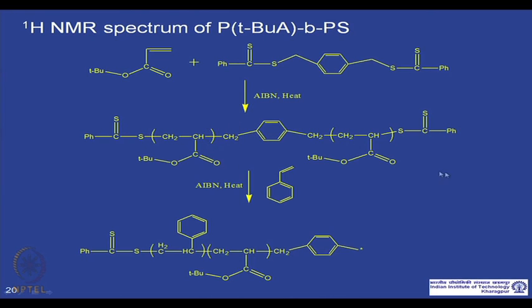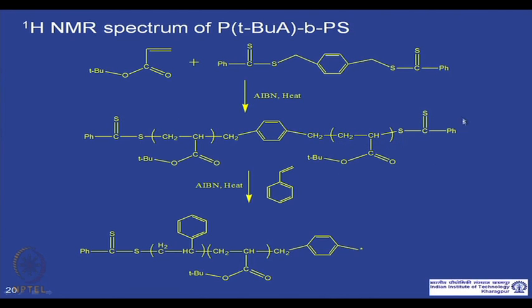you have this first macro RAFT agent, or first block. So, this is a block of tertiary butyl acrylate. There should be two ends here to represent that this is a polymeric or oligomeric unit.